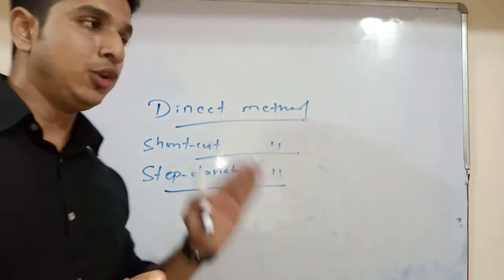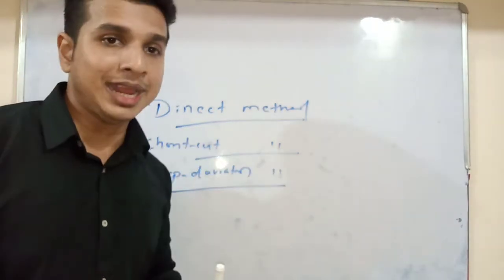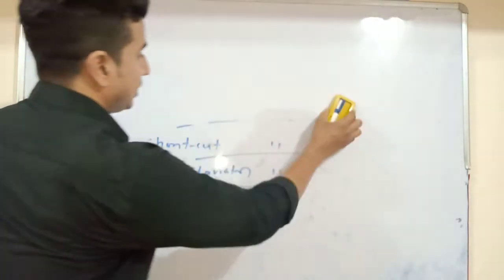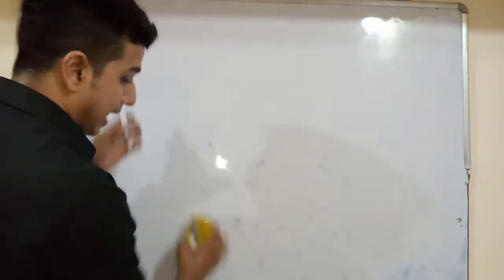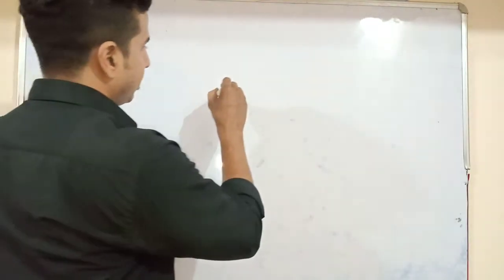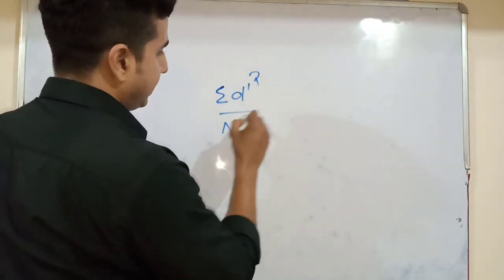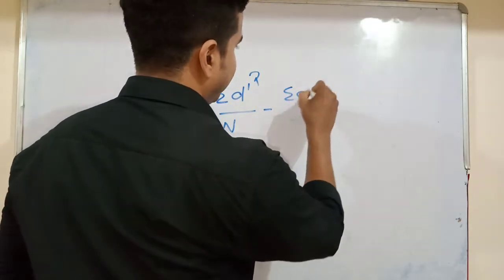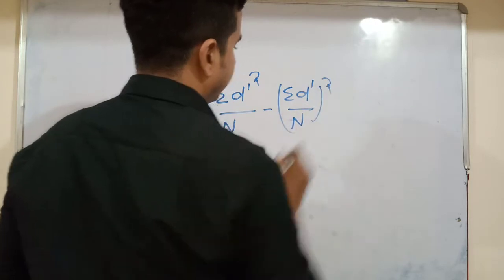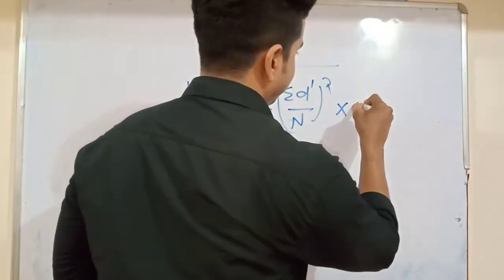So that is why today we will discuss the step deviation method for calculating the standard deviation. The formula of the standard deviation in case of the individual series is the square root of summation d dash square by n minus summation d dash by n whole square, multiplied with c.